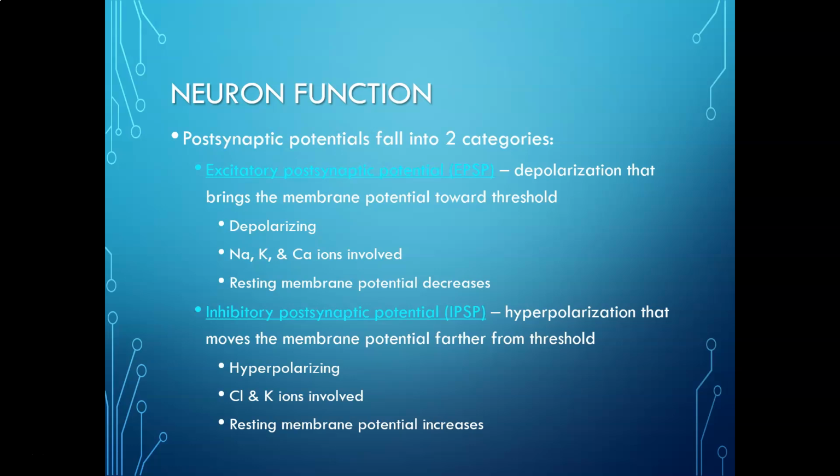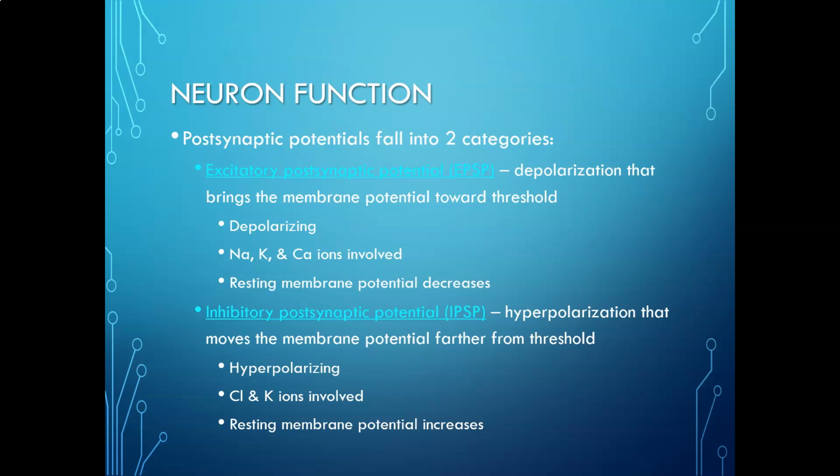If I hit the threshold of depolarization, I can cause that postsynaptic neuron to also send another action potential down its axon and repeat the process. This one involves sodium, potassium, and calcium ions. Those are the three ions involved if I'm going to have an excitatory signal being sent from one neuron to the next.